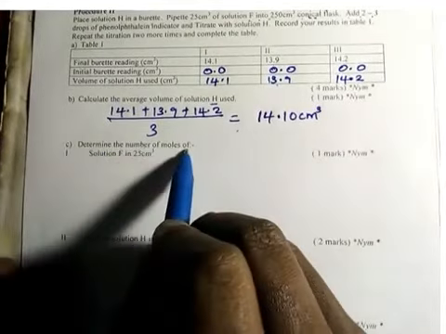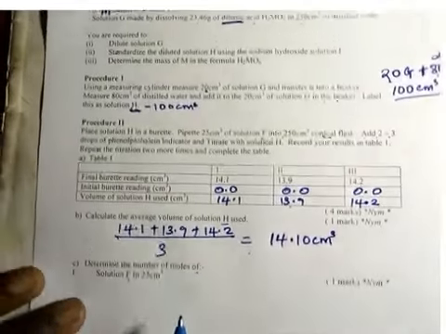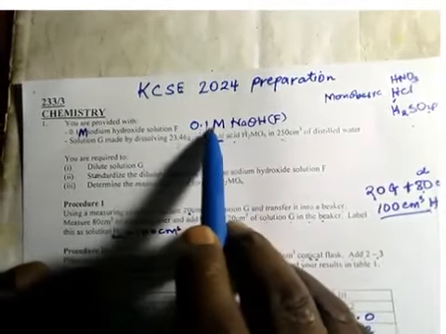Determine the number of moles of solution F in 25 cm³. F is sodium hydroxide. We have the molarity.